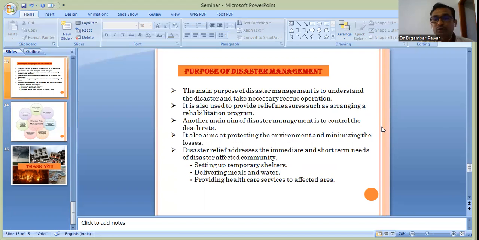It also aims at protecting the environment and minimizing losses. Disaster relief addresses the immediate and short-term needs of disaster-affected communities, such as setting up temporary shelters, delivering meals and water to the affected area, and even providing healthcare services, which is necessary to manage the disaster.